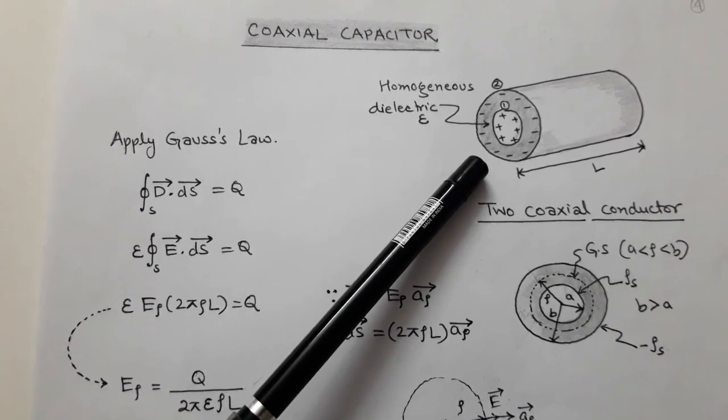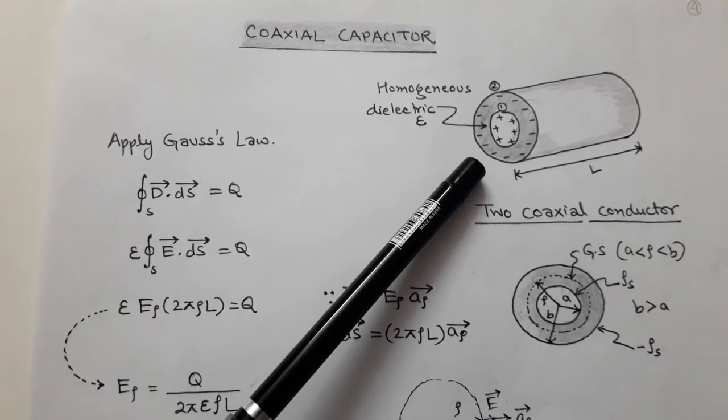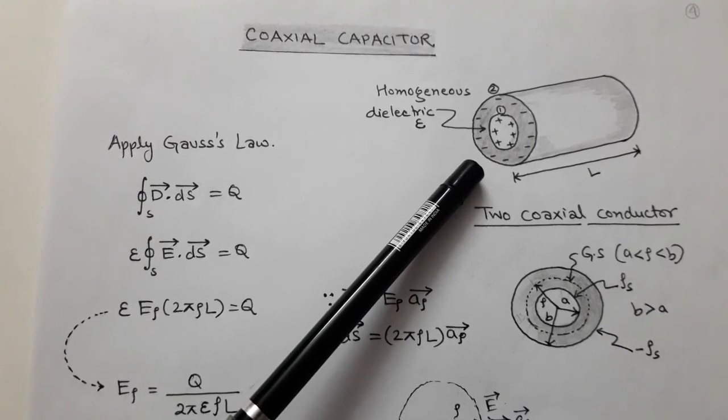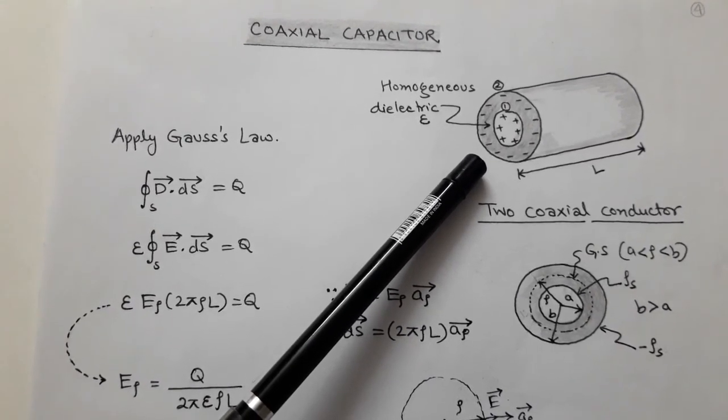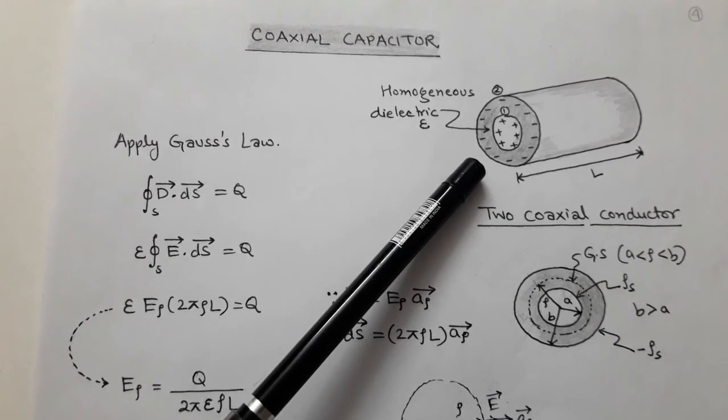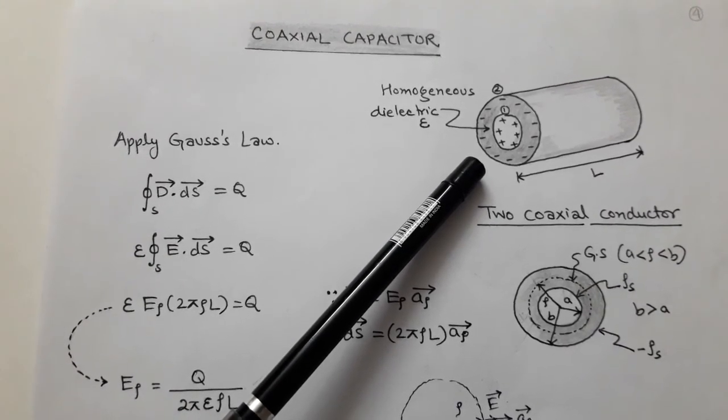So here this is a two coaxial conductor in which the inner conductor is charged positive and the outer conductor is charged negative.